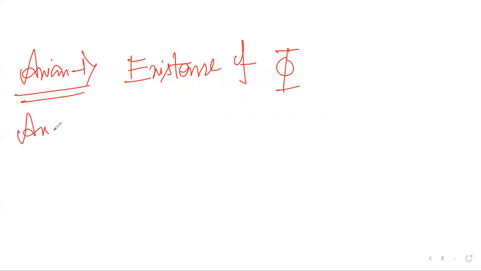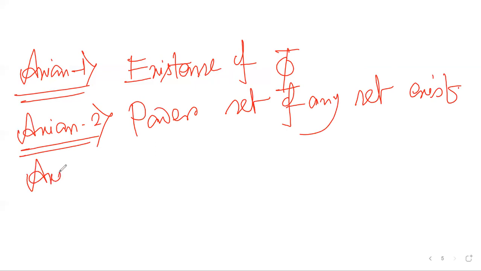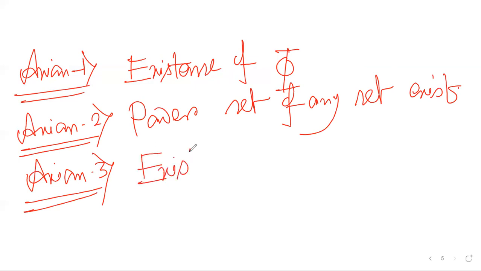Second axiom: the power set of any set exists. Third axiom is the existence of an infinite set.